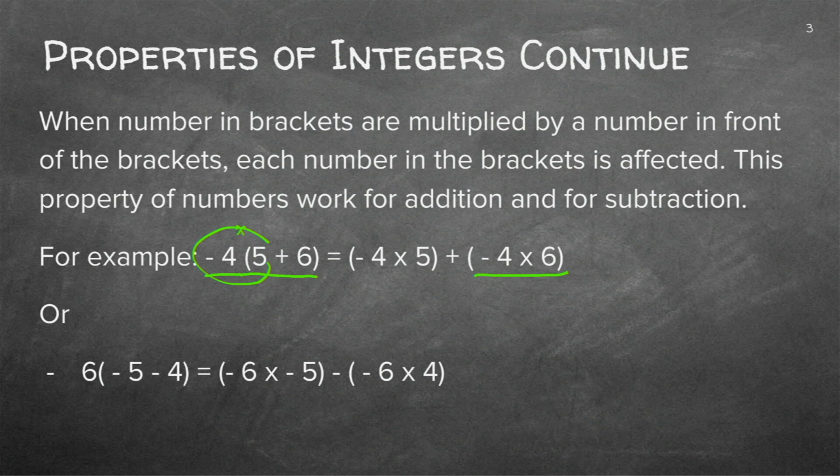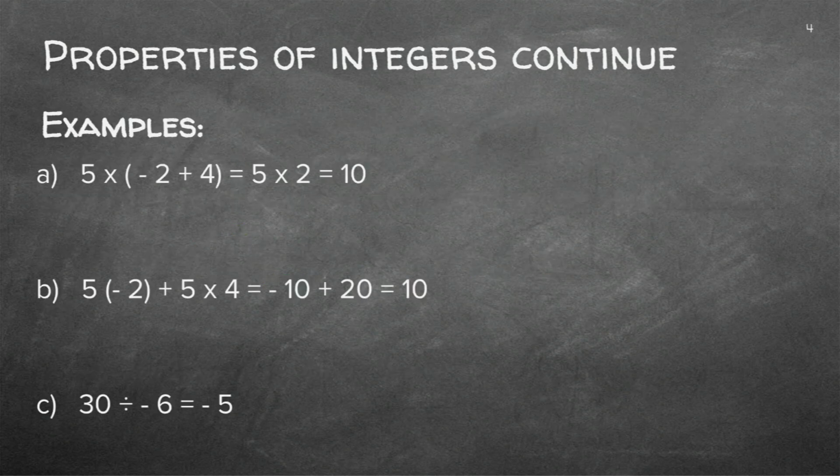In the case of subtraction, -6 times (-5 minus 4) is the same as -6 times -5 minus -6 times 4. Got it? So let's do some examples.